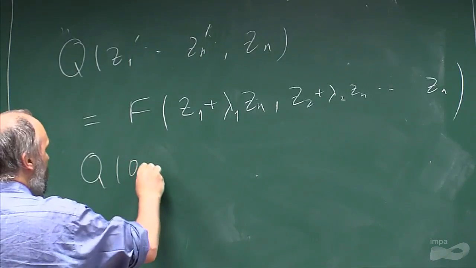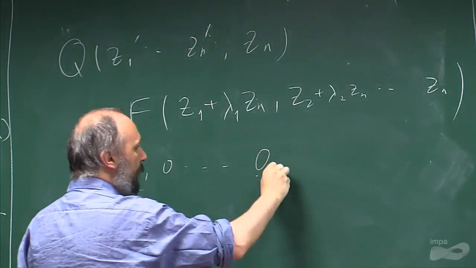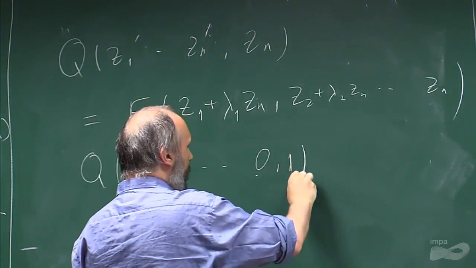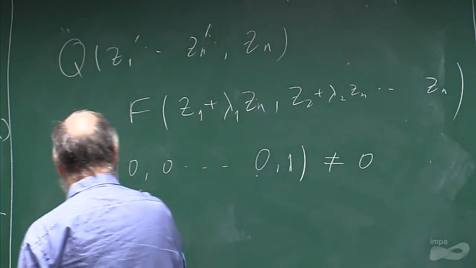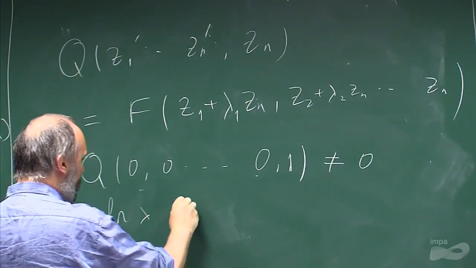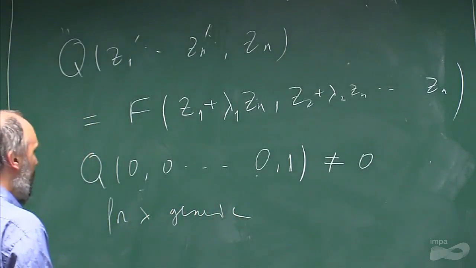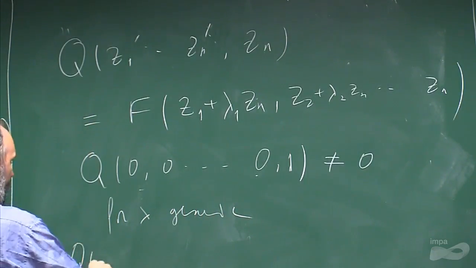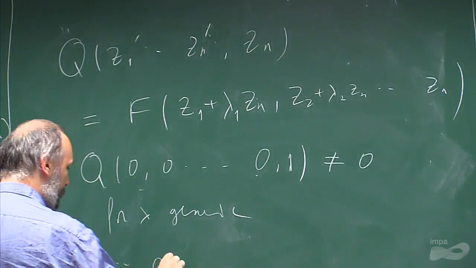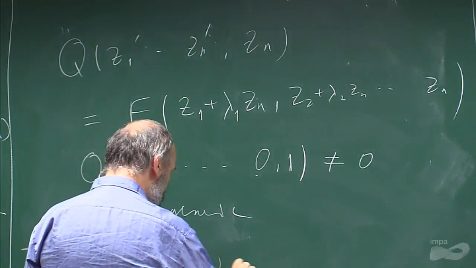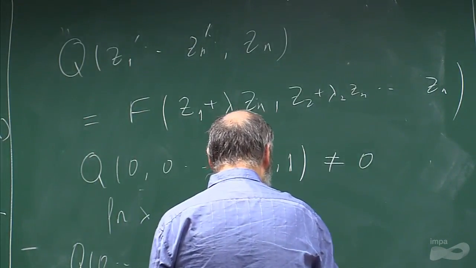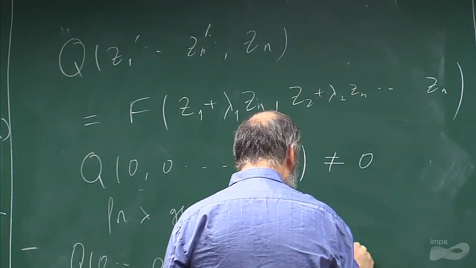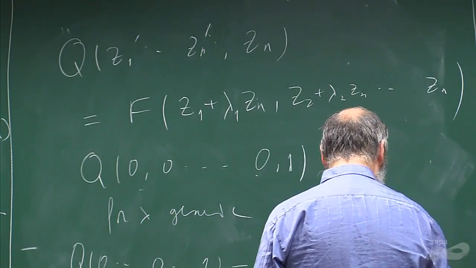Q of (0, 0, 0, 1) is not equal to 0 for generic lambda, because Q of (0, ..., 0, 1) is equal to f of (lambda 1, lambda 2, ..., lambda n, 1, lambda k, 1).